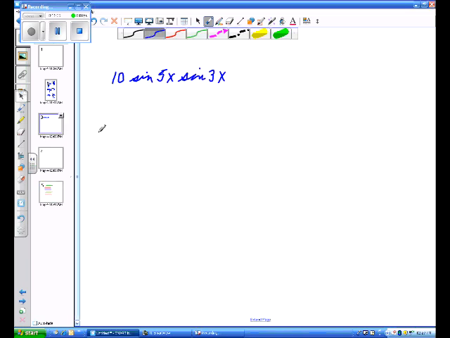So let's go back and then say that this is equal to 10 times, okay, it was 1/2 the cosine of A minus B, so that would be 5x minus 3x, plus the cosine of A plus B, which would be 5x plus 3x.